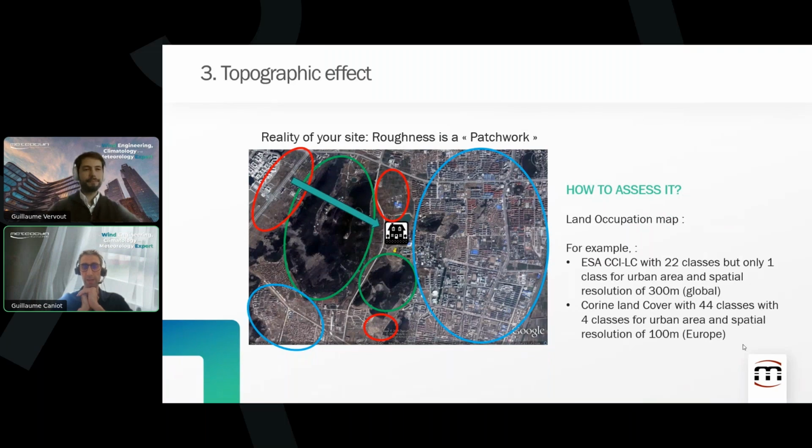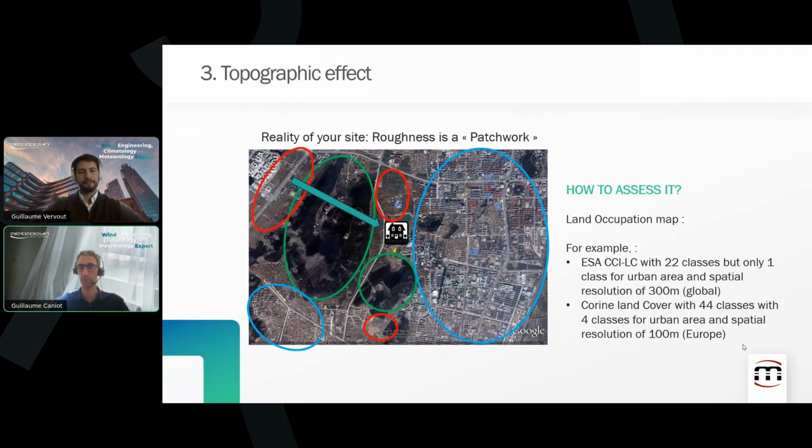So you will first need to know some kind of land occupation map. One you can find comes from ESA, CCI LC for land cover. There are 22 classes and only one for urban area.